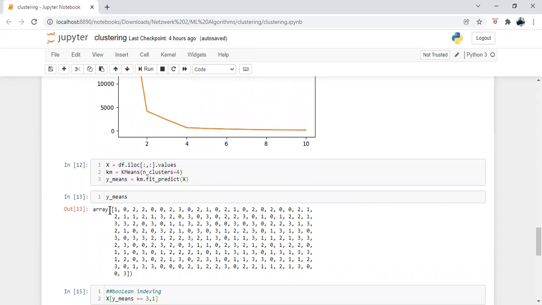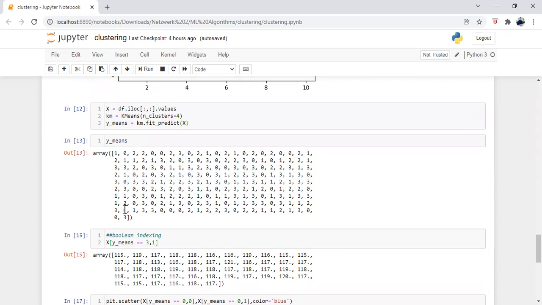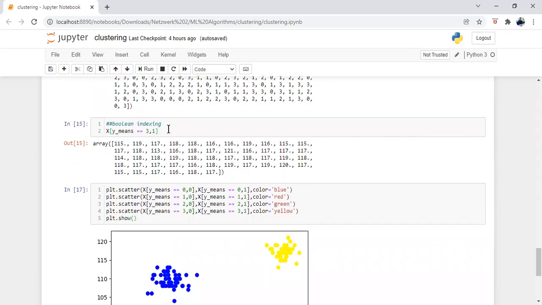So now this is y means. My data set is divided into 4 clusters, and the rows are put into different clusters. In this step, this is only Boolean indexing.